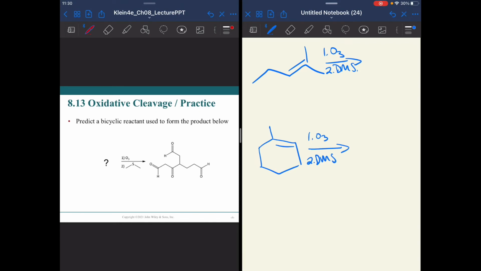All right, so when we are cleaving this bond, we are cleanly breaking that C=C double bond. Everything on the left stays together, so that's 1, 2, 3 carbons. There was a hydrogen on the other side, so we are going to make an aldehyde. And then everything on the right stays together, so that's 1, 2, 3 carbons.